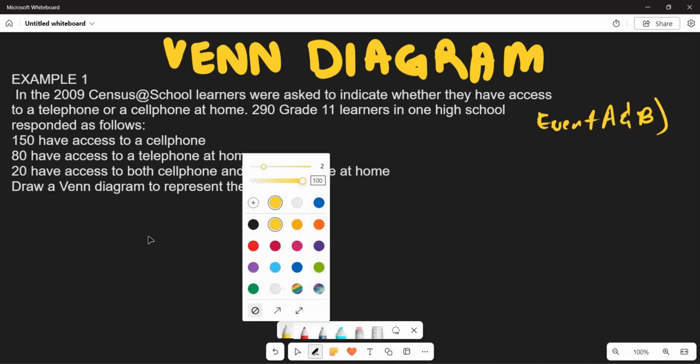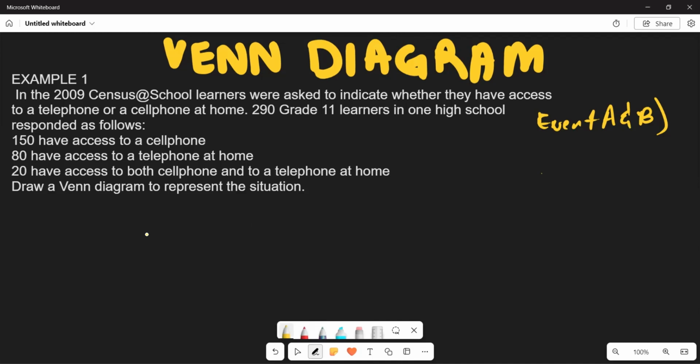For the probability of A or B within your Venn diagram, it is this part.